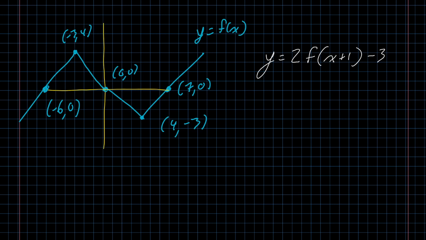Let's say that I want to graph y equals 2 times f of x plus 1 minus 3. Well, just going through and comparing to our prototype here, a is going to be 2, h is going to be negative 1, and k is going to be negative 3.